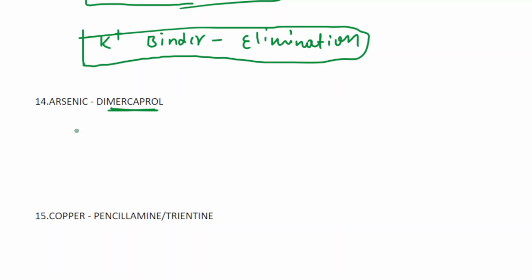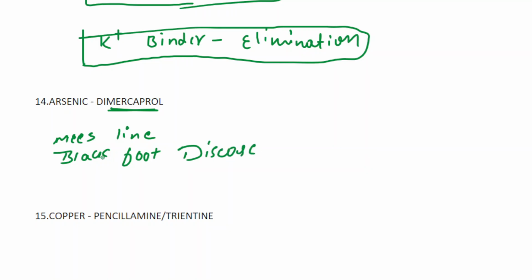Mees lines mean 1 to 2 millimeter white bands across the fingernails. It also causes black foot disease and raindrop appearance.